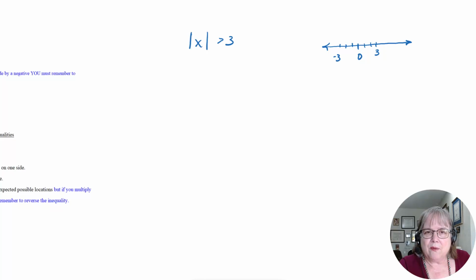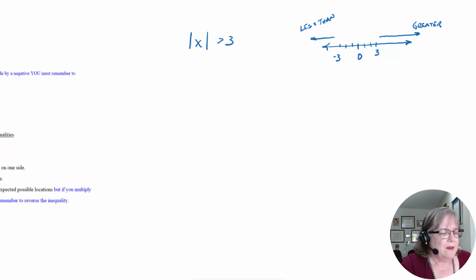and they're more than 3 blocks, 3 units, 3 little squares away from 0, I would be looking past the positive 3, which is the greater than direction, because all the numbers down there keep getting greater and greater. Or they would be past negative 3, which is the less than direction, because each succeeding number is less than the one before.